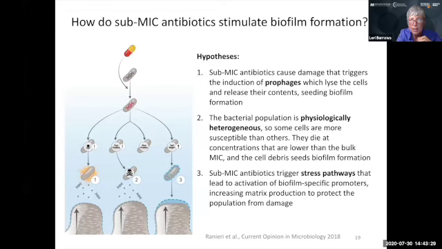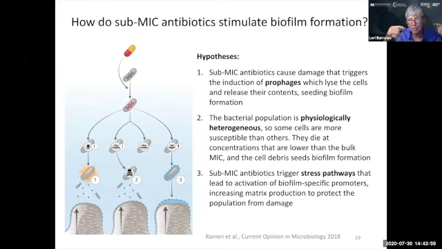The first one that we proposed was that sub-MIC antibiotics can cause damage, and that damage will trigger the induction of prophages. Prophages are bacteriophages, or viruses, that have integrated themselves into the genome of their host. They basically ride along as long as the bacteria is healthy and get replicated as part of the bacterial genome. This is a very lazy way for them to propagate themselves.